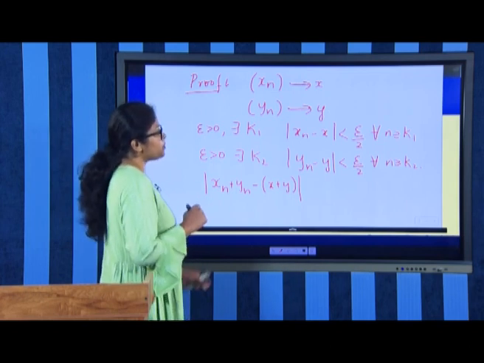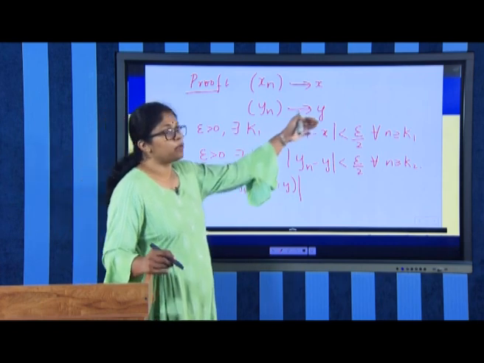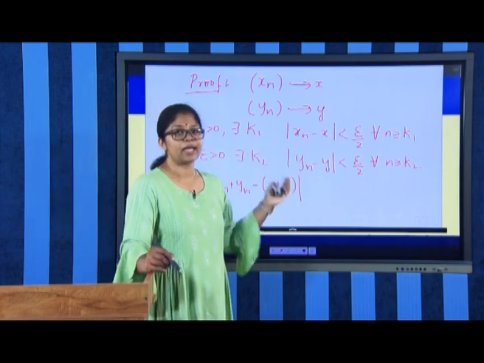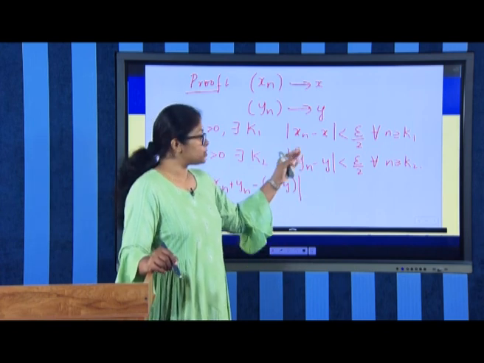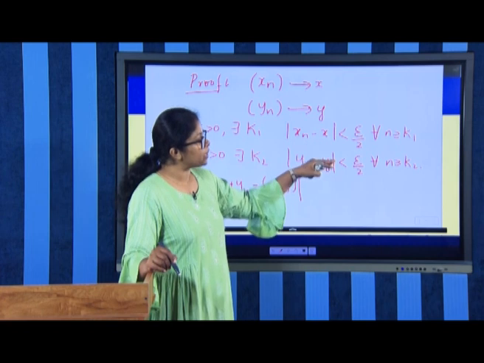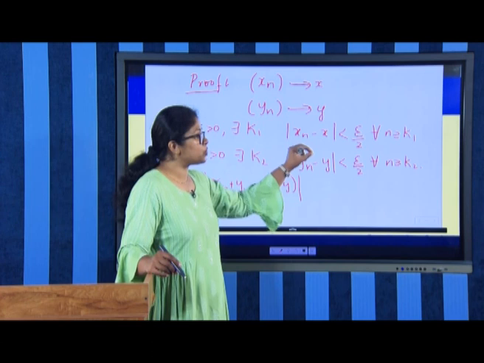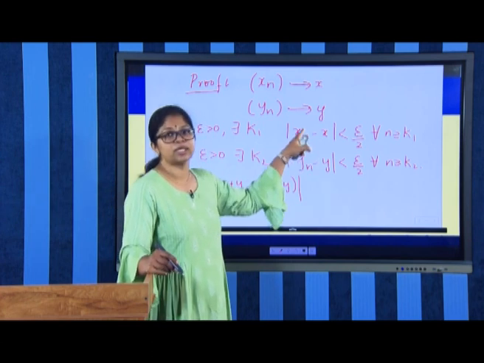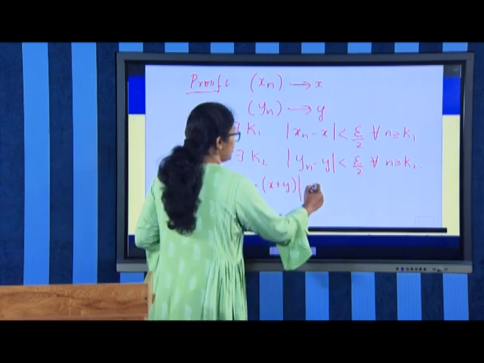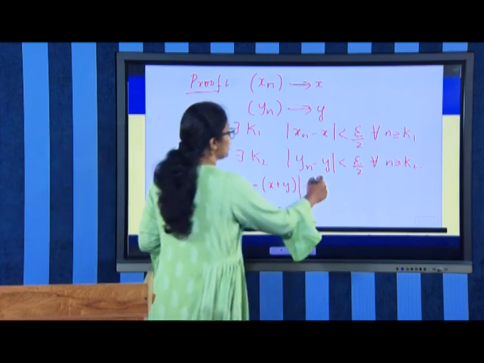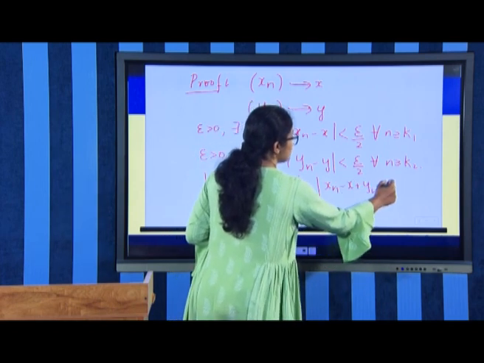As we have discussed in one of the previous theorems, we can take the maximum of k1 and k2, because both are natural numbers, so either k1 will be larger than k2 or k2 will be larger than k1. We can take the larger of these two, so that both results hold. Then applying the triangle inequality, this can be expanded as modulus of xn minus x plus yn minus y.